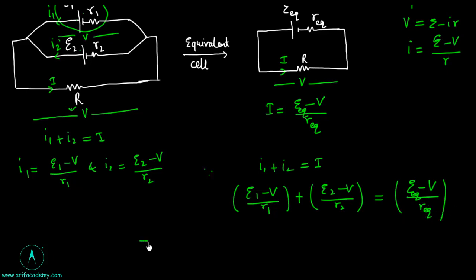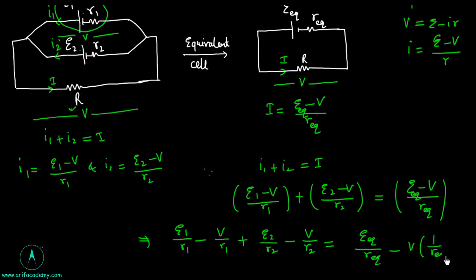So this equation can be written as E1 by R1 minus V by R1 plus E2 by R2 minus V by R2 equal to E equivalent upon R equivalent minus V times 1 upon R equivalent.